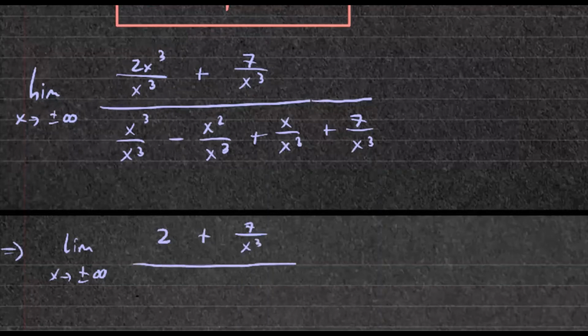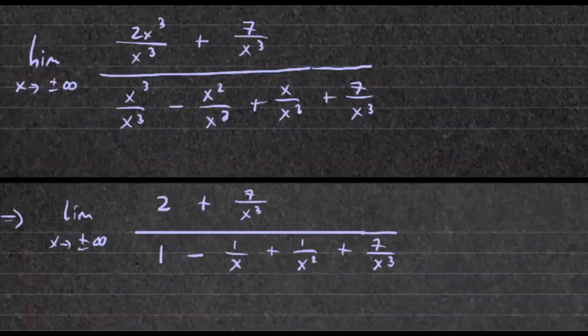And on the bottom, we can simplify x cubed over x squared is 1. And then x squared over x cubed, that's 1 over x. Plus x over x cubed, that's 1 over x squared. And the last one, 7 over x cubed. Now let's take the limit as x goes to plus or minus infinity. Now eventually this will go to 0.